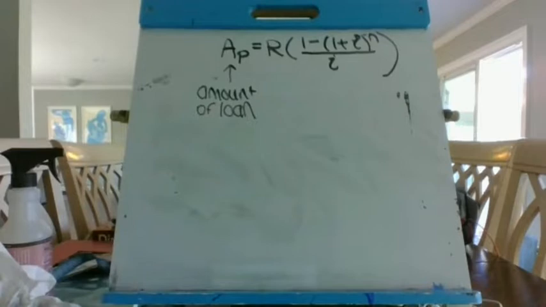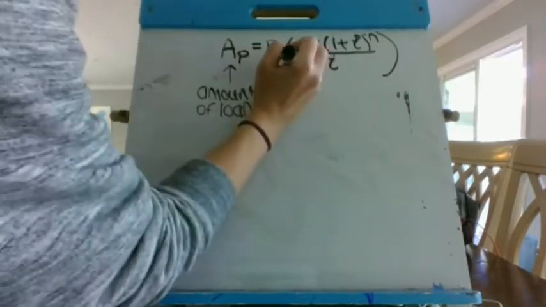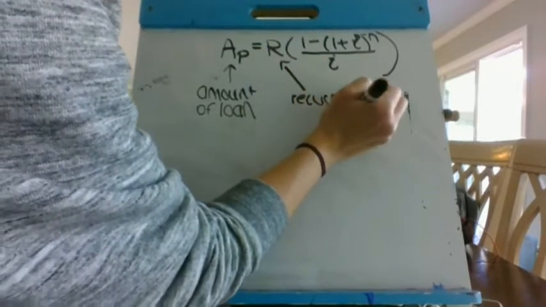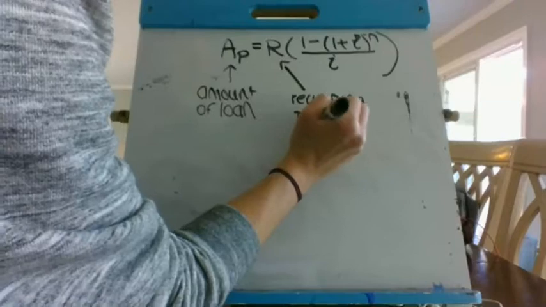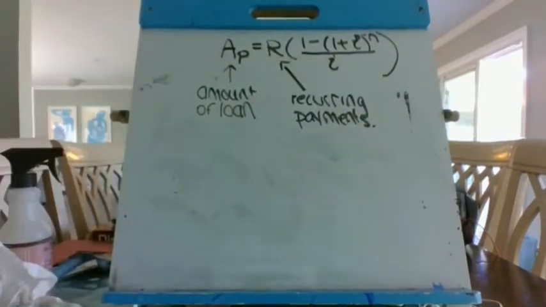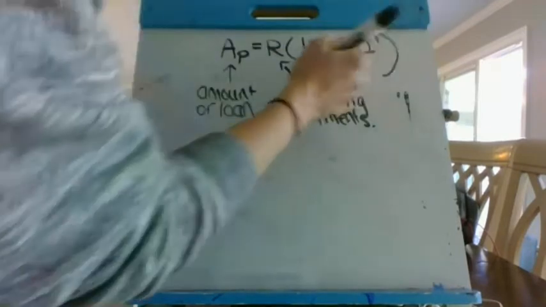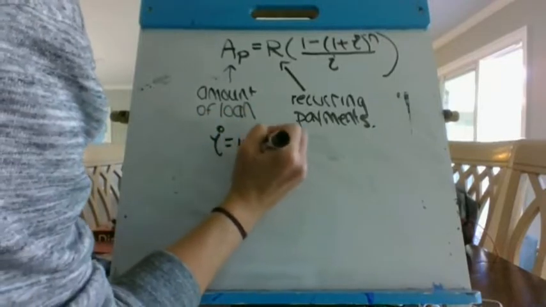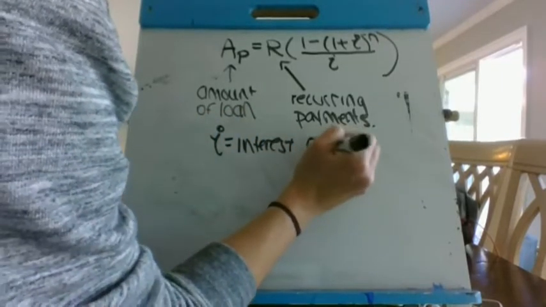Then your R is your recurring payment. That would be your monthly payment to finance the car. And then you have your N, which is the number of total payments. And your I is the same also. Your I is your interest rate, the interest rate on the loan.